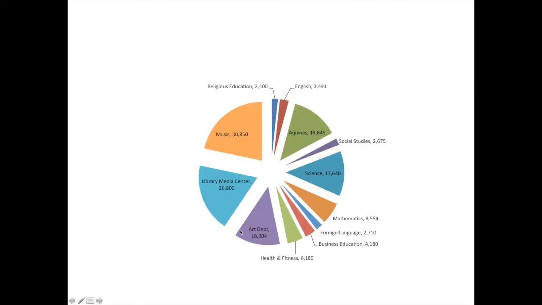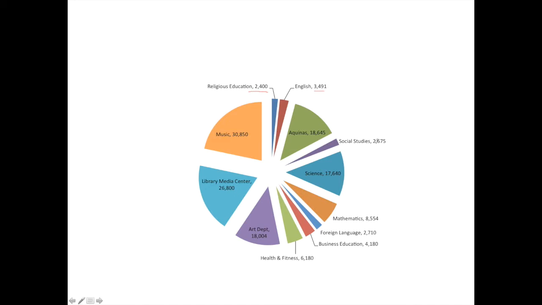Now, this is a chart that basically breaks down the instructional expenses by department. But it does it in such a way that, again, you look at it a little bit differently. You look at the dollars associated with it. So here, religious education, $2,400.